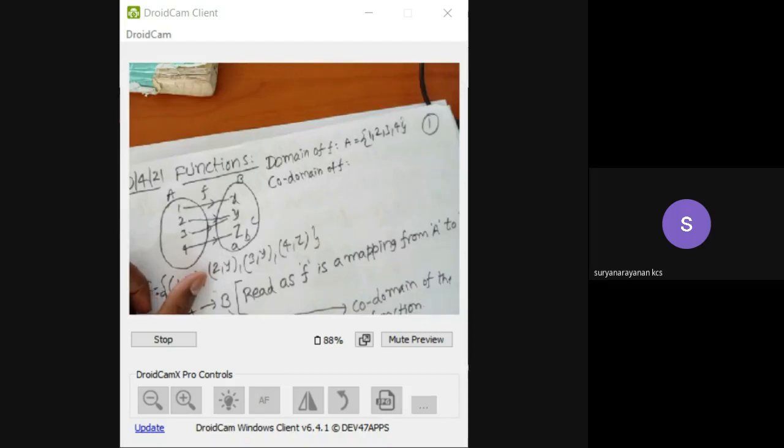Sir, A, B, and C, sir. They are also called elements of the codomain. Whatever the elements are there in the second set, all the elements are said to be the codomain. Okay, my dear Jerome Jasliraj, is this point clear?